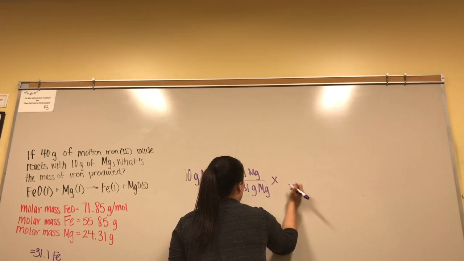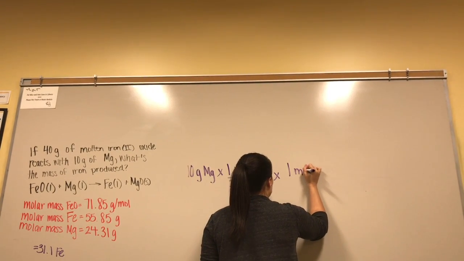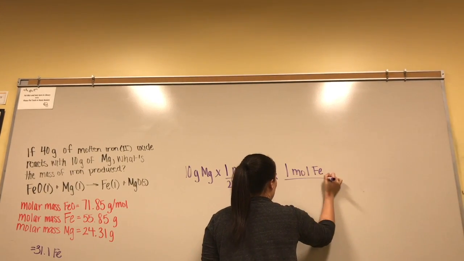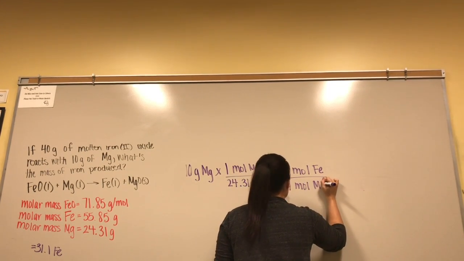And then you have to multiply that by your moles to cancel out the moles. So you have 1 mole of iron, since that's what we're trying to figure out, over 1 mole of magnesium.